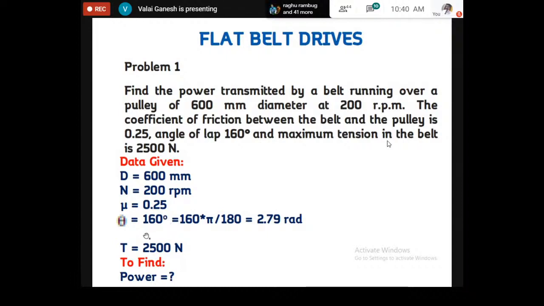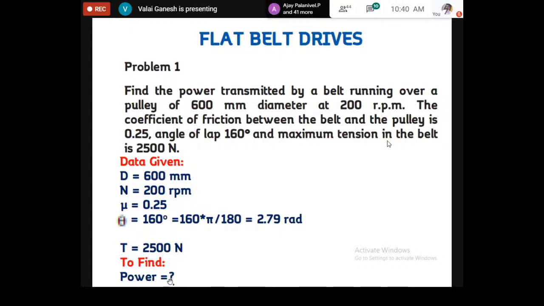Whatever notation you follow, keep it uniform. Theta or alpha, whichever is the correct term, equals 160 degree. The equivalent radian value is 160 into pi by 180, which is equal to 2.79 radian. Maximum tension is indicated by the letter T max, or simply capital T, which is equal to 2500 Newton.